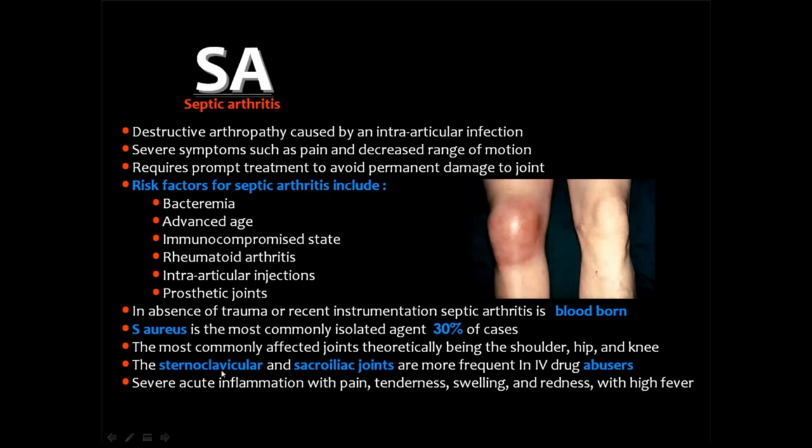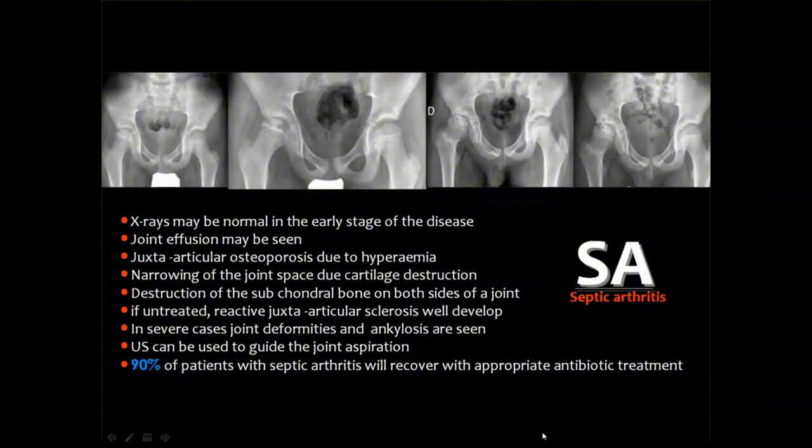Also, the sternoclavicular and sacroiliac joints may be seen, especially in intravenous drug abusers. The patient will complain of acute inflammatory symptoms with pain, tenderness, swelling, redness, and high fever.